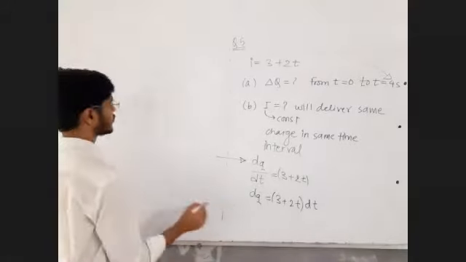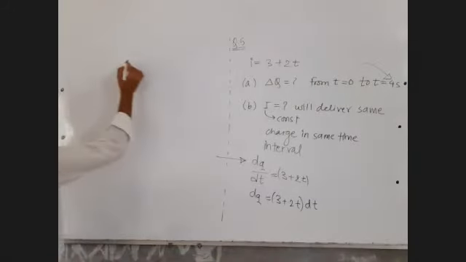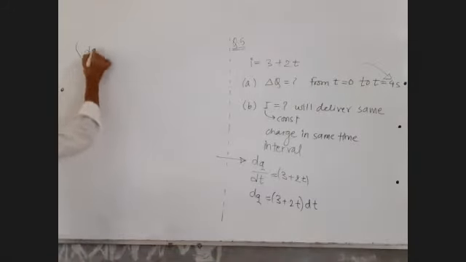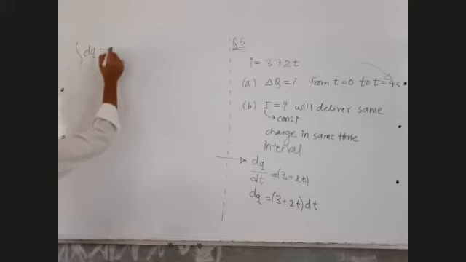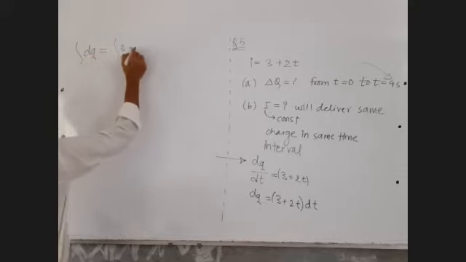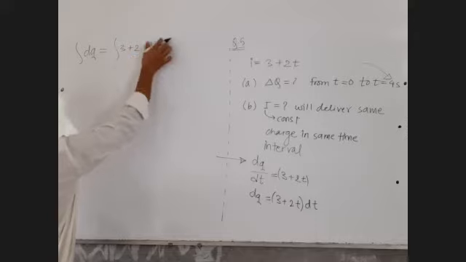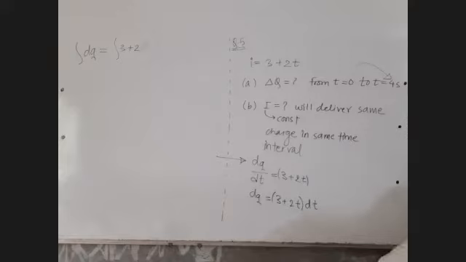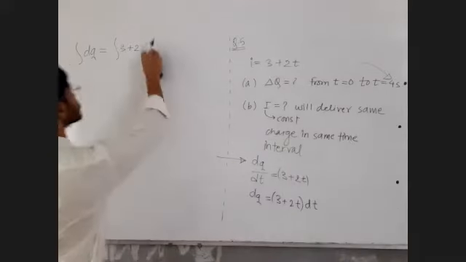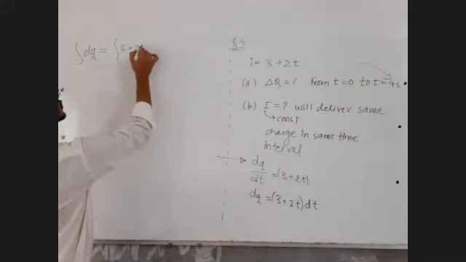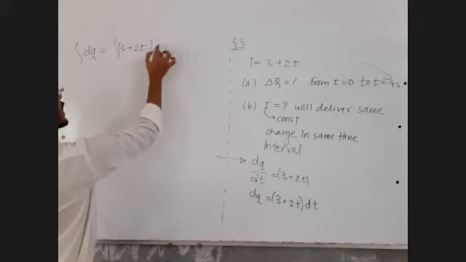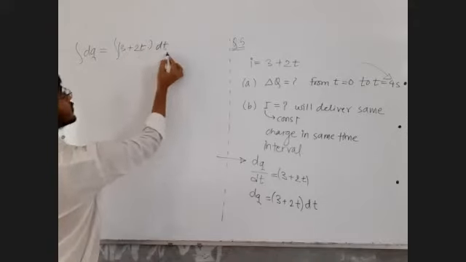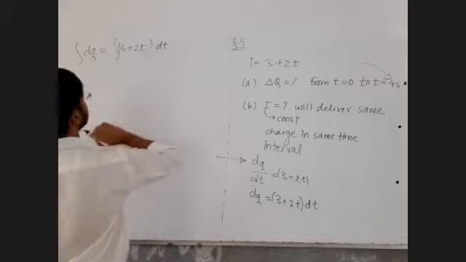So we have to integrate this equation. If we integrate the equation, integration dq is equal to integration of (3 plus 2t), bracket complete and then dt. Don't write 2t dt, bracket complete and then dt.